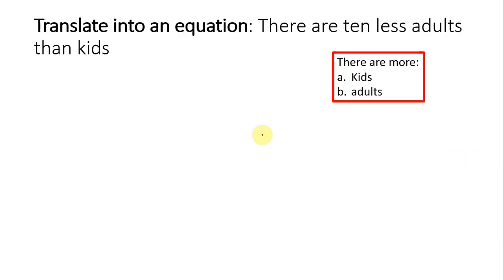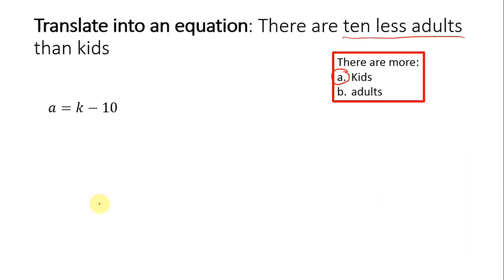There are 10 less adults than kids. So what are there more of, adults or kids? Well, it says there are 10 less adults. So I know that there are more kids. The equation that I came up with to represent this situation is A, the number of adults, is equal to K minus 10.